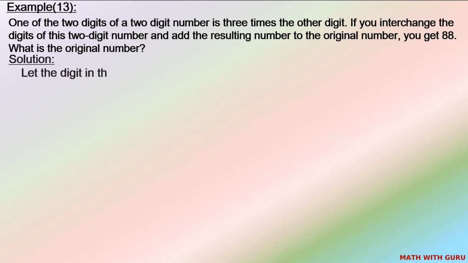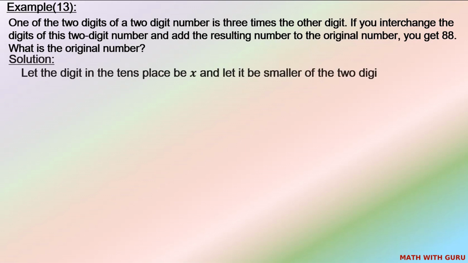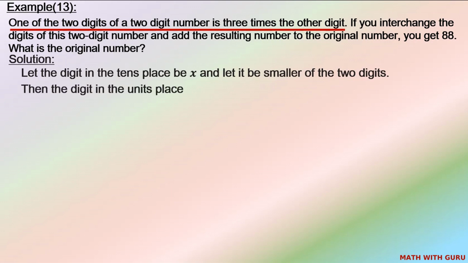Let the digit in the tens place be x and let it be the smaller of the two digits. One of the digits of the two-digit number is 3 times the other digit. Then the digit in the units place equals 3 times x, which is 3x.